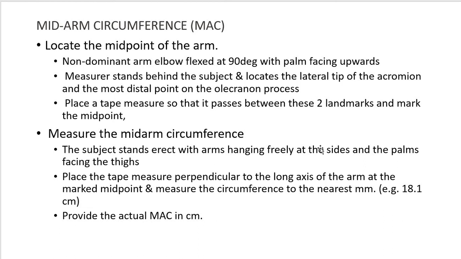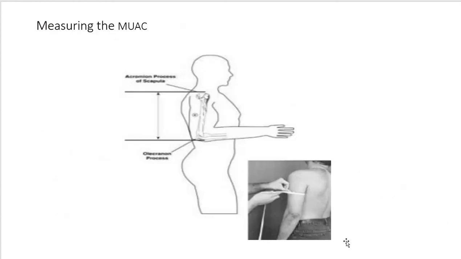How is it taken? The subject stands erect with the arms hanging freely at the sides and the palms facing the thighs. Once the midpoint of the upper arm is marked, the subject need not keep his hand at a 90-degree angle. He can leave his hand very freely so that the palm is facing the thighs.